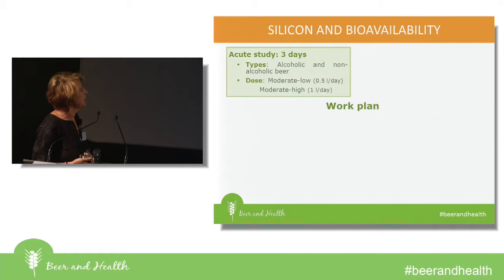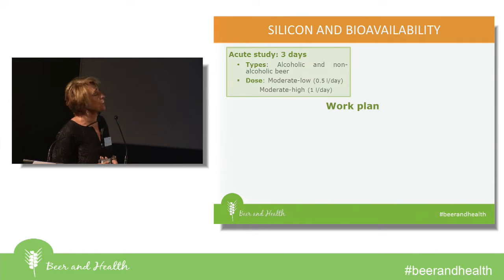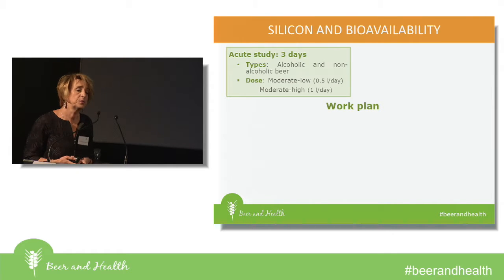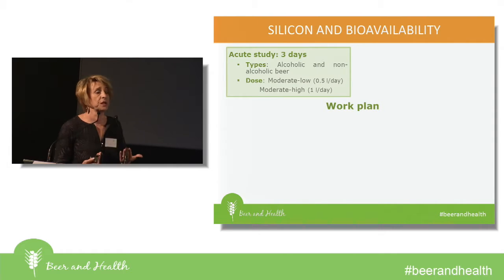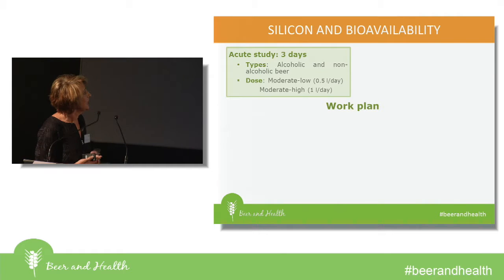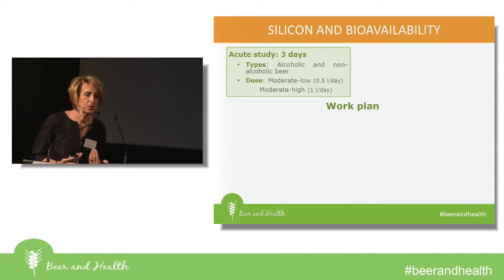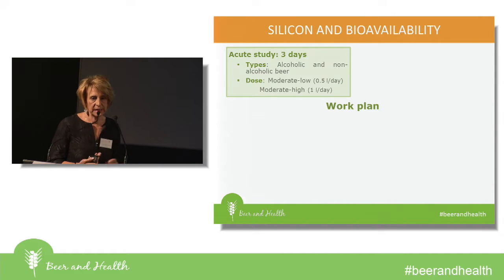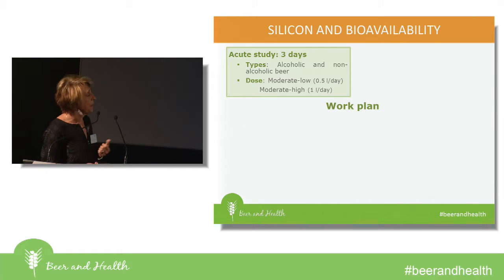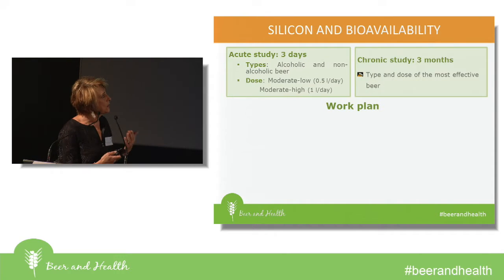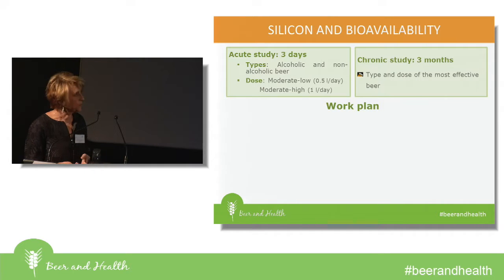We decided to take two different studies. We started with an acute study of 3 days with the aim of establishing the type of beer, whether it would be alcoholic beer or non-alcoholic beer, and then we had another study on the type and dose of the most effective beer. That way, we could develop a chronic study.